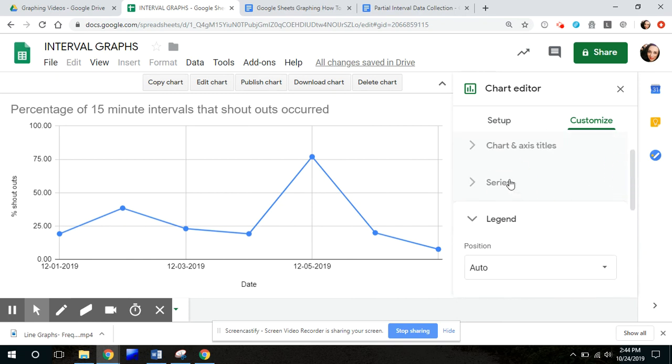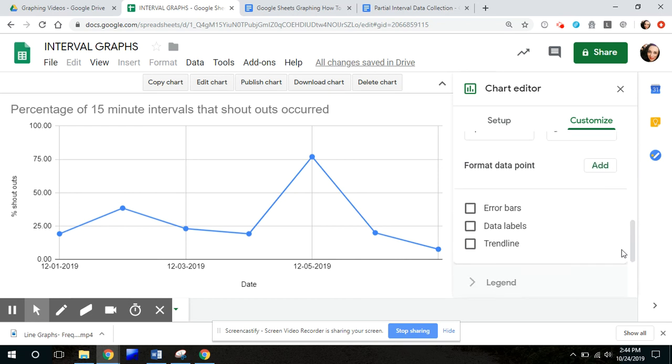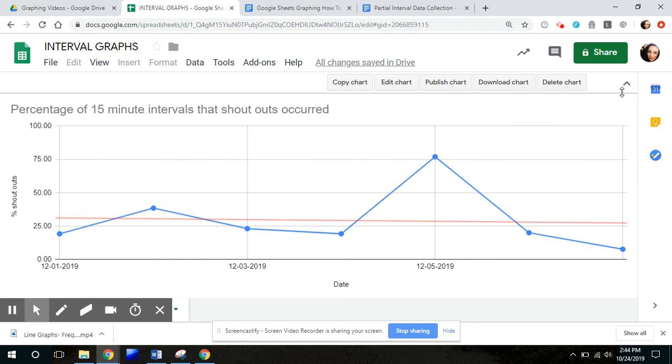No, I think it's under series. Trend line. Again, I like to personally change the color of my trend lines. There we go. And that is how you graph interval data.